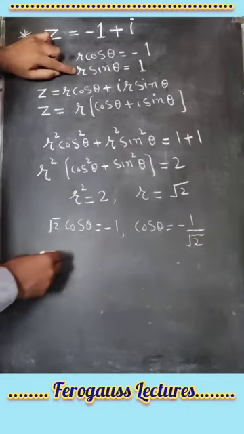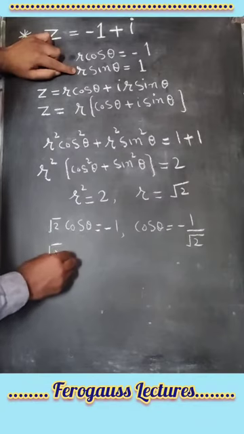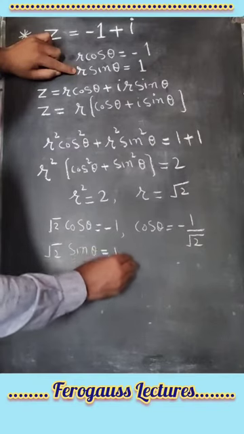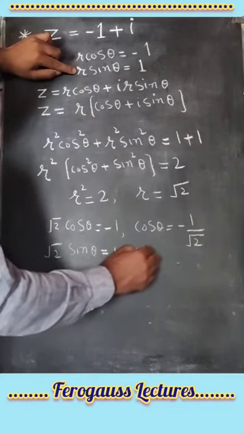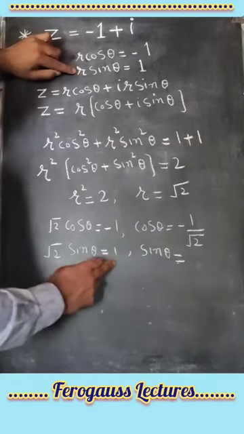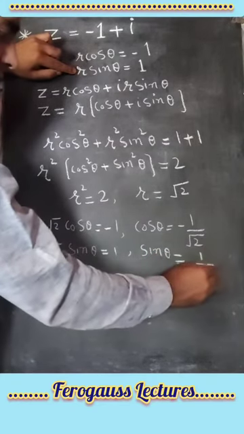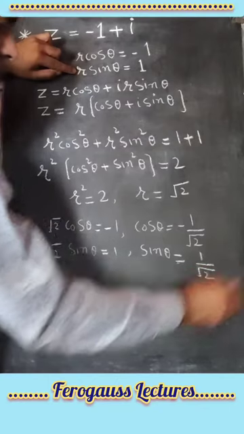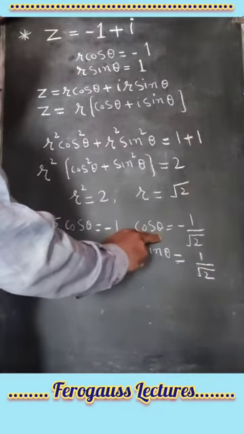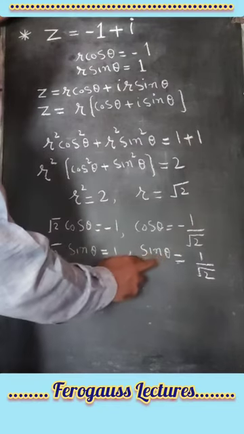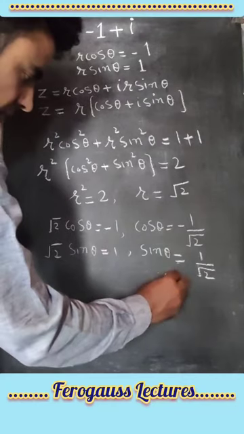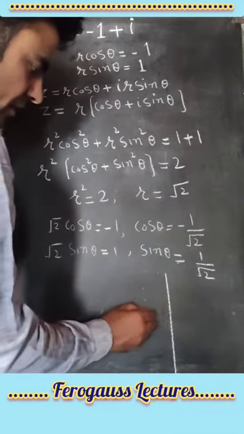Also here instead of r we can write square root of 2 sine theta equal to 1, so that means sine theta is equal to 1 by square root of 2. Now cos theta is negative and sine theta is positive. That means theta lies in the second quadrant.